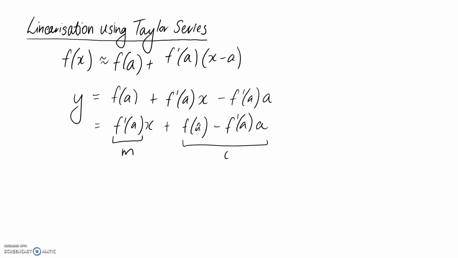F of a, again, is just evaluating it at a, f dash of a, evaluating it at a, and multiplying by that a value. So you can see, hopefully, that it ends up making whatever your function is a linear function, and remember that it's going to be accurate about your point of interest. As you drift further and further away from that point of interest, it becomes less and less good at predicting the function.